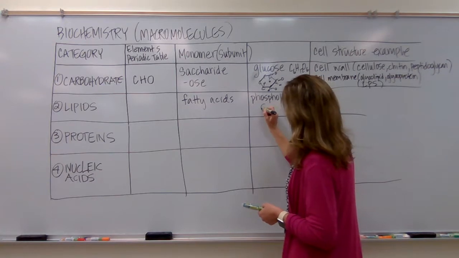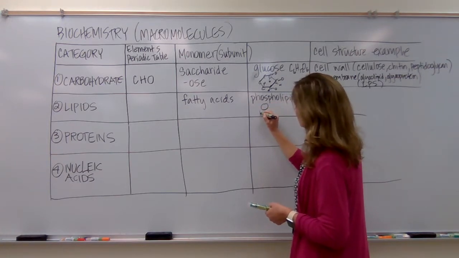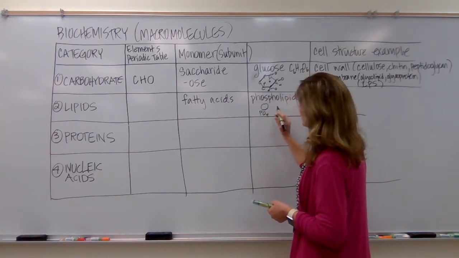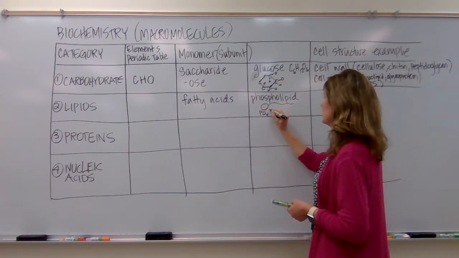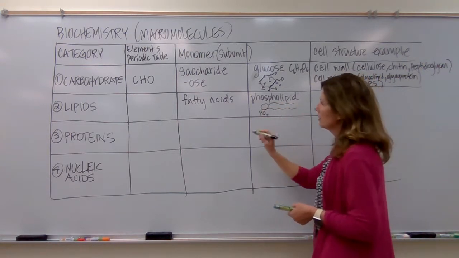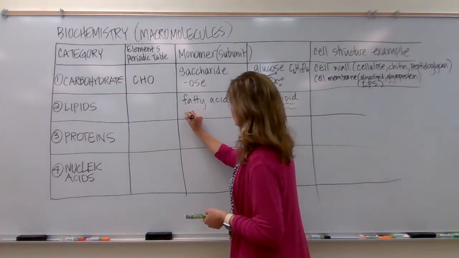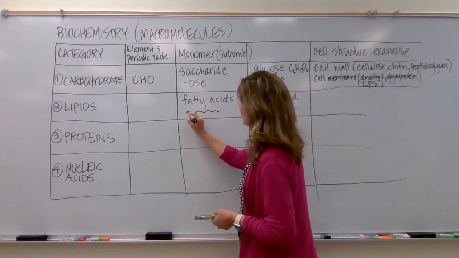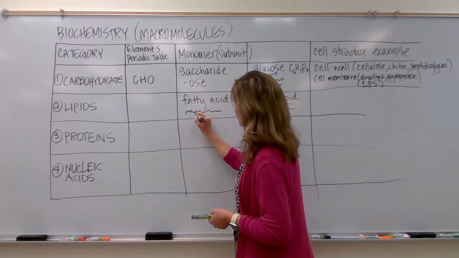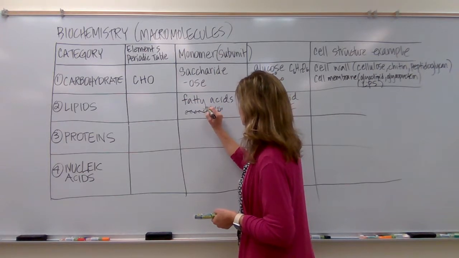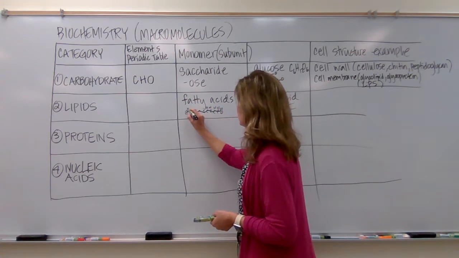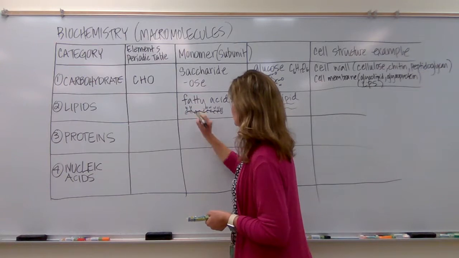Remember, the phospholipid has that phosphate, PO4, head on it, and then it will have two fatty acid tails. So that kind of gives you an idea of what those fatty acids look like. A lot of them are carbon, carbon, carbon, carbon, carbon, hydrogen, hydrogen, hydrogen, hydrogen, oxygen, hydrogen, hydrogen.